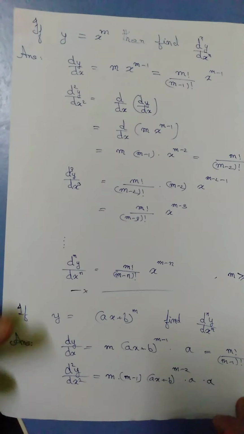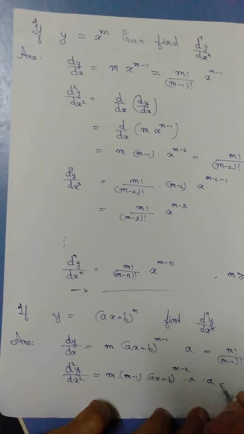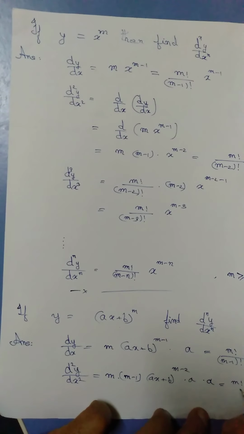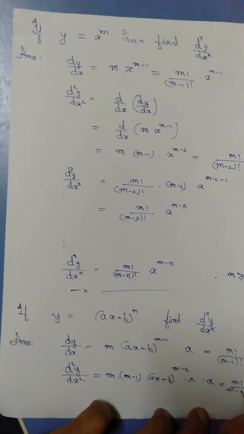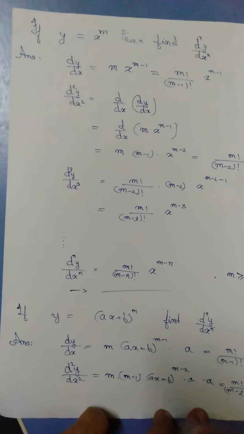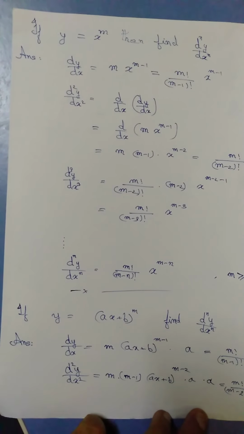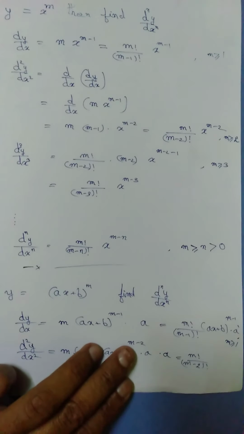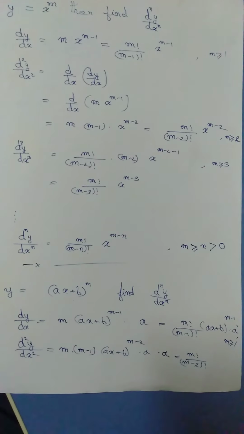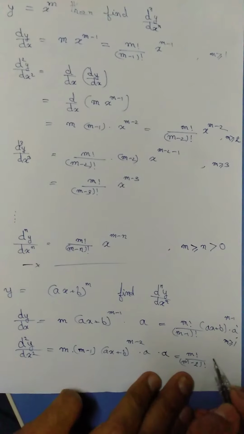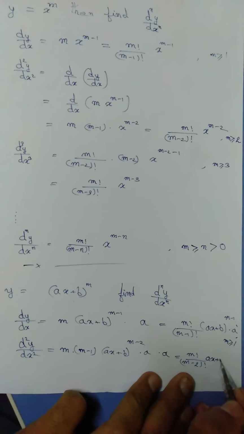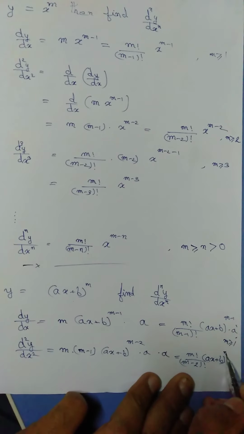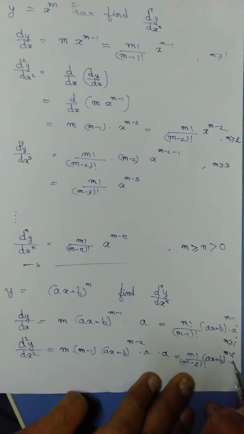So that we can write as factorial m by factorial m minus 2, whole thing into (ax plus b) to the power m minus 2 into a square.